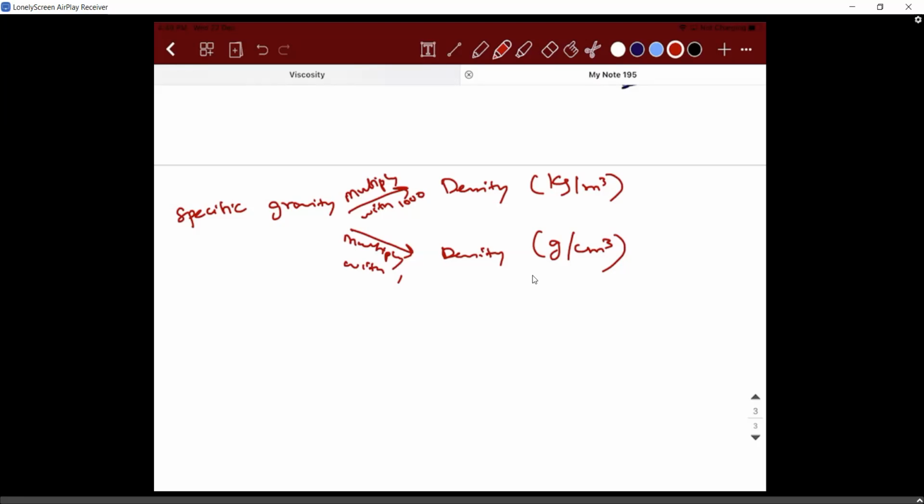Now since the coefficient of viscosity is given in terms of Newton second per meter square, and density of solid is also given as 1 kilogram per meter cube, all these things are in SI unit. So we'll multiply this with 1000.